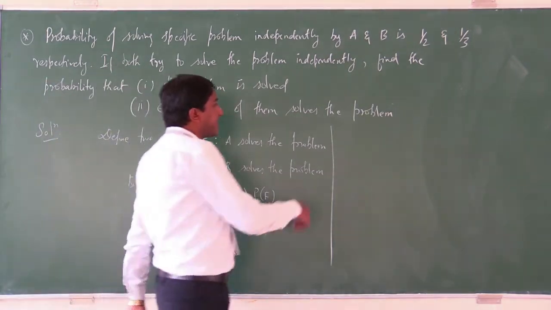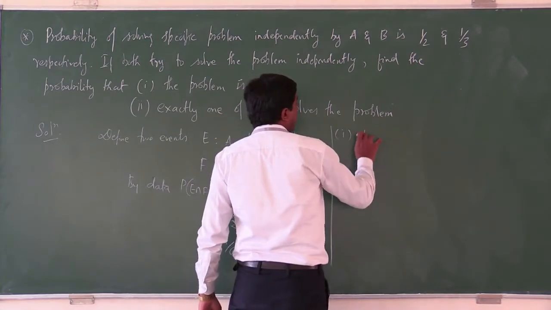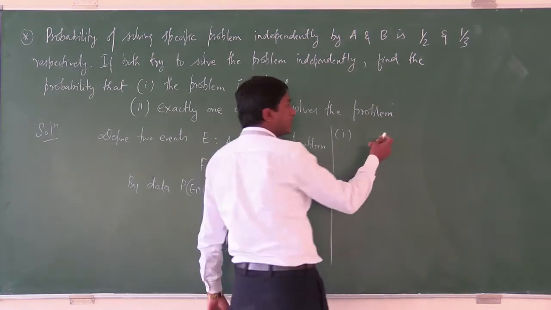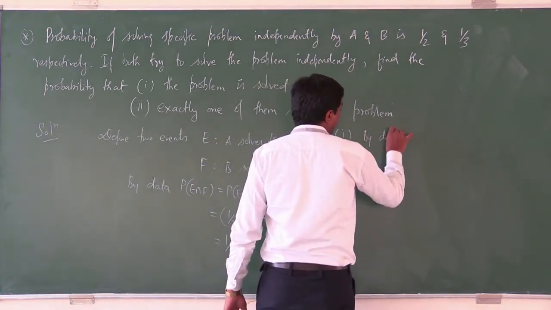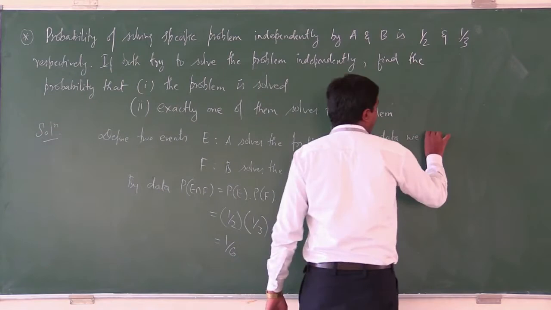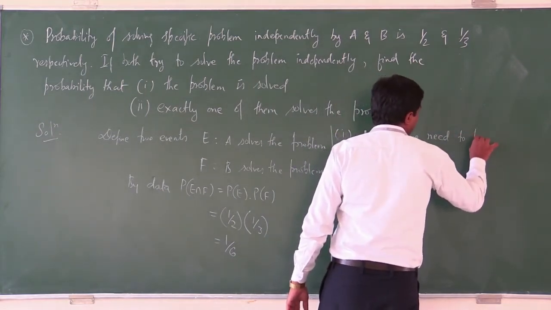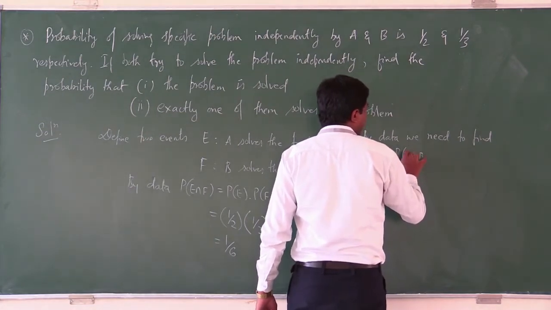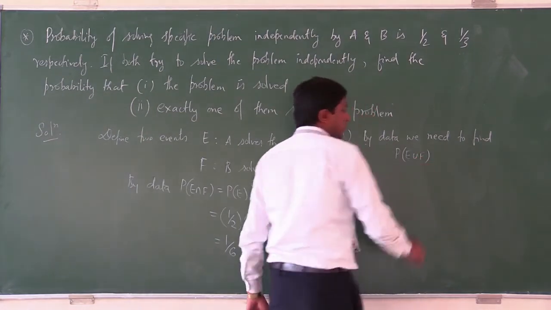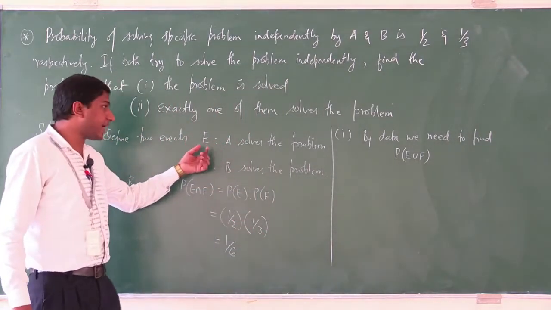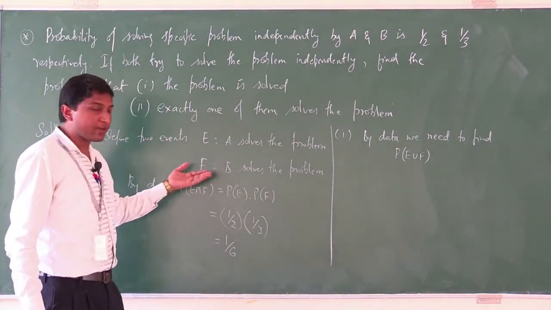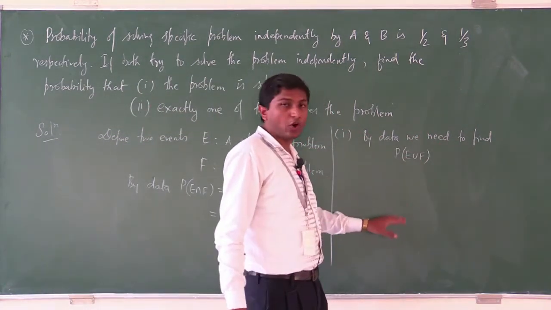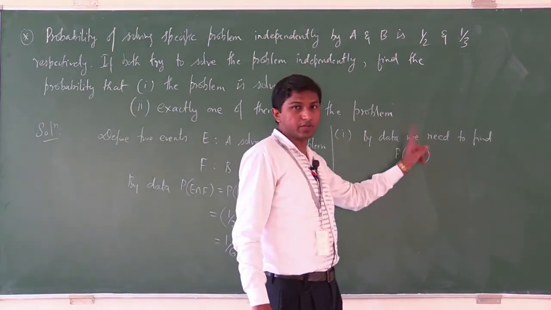So the question is exactly asking us to find the probability of P of A union B. So by data we need to find P of E union F, right? Because we have defined the event E as A solves the problem, event F as B solves the problem. Hence, by data we need to find the value of P of E union F.